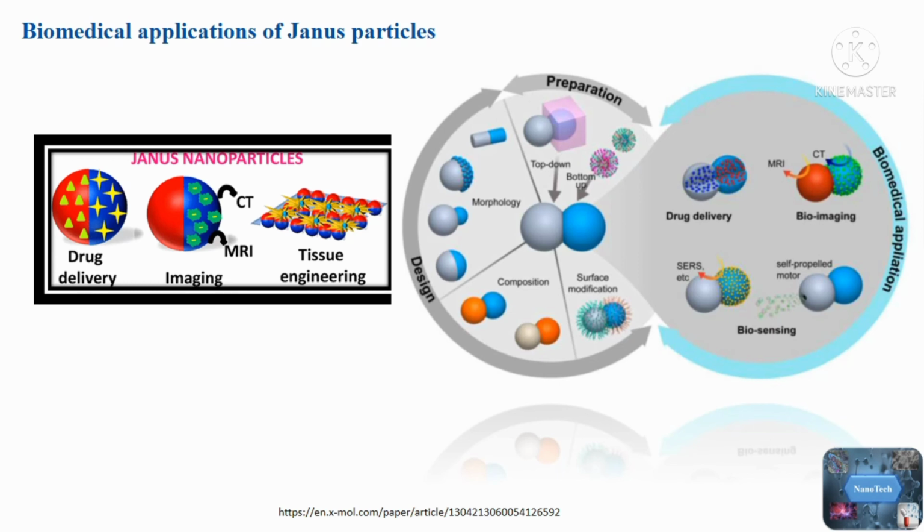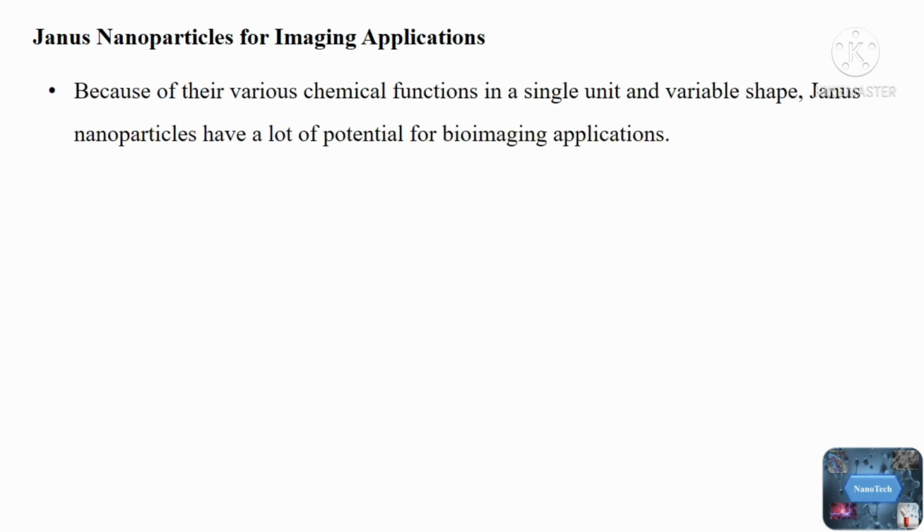Janus particles for imaging application. Janus nanoparticles have the advantage of having two distinct faces, which not only allow for two complementary imaging modalities but also provide two functional surfaces for the attachment of various types of molecules, making them particularly appealing as multifunctional probes. See the figure of Fe3O4 nanodumbbells.